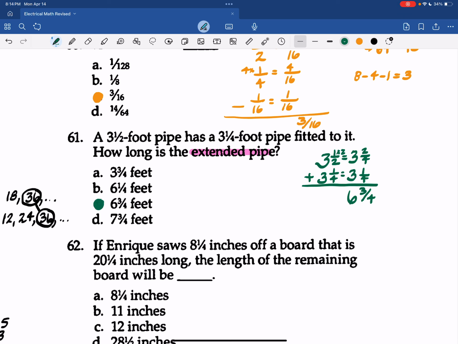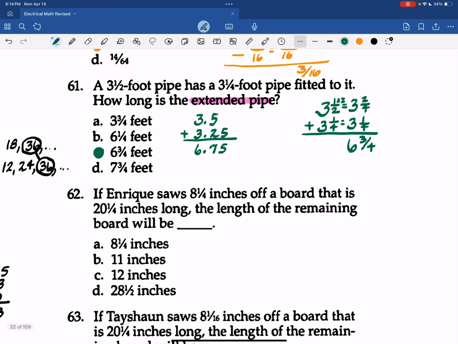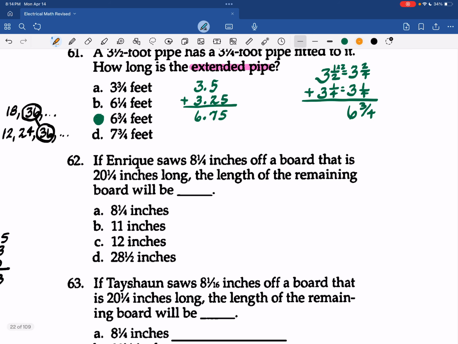The way I would do it is like this. 3 1/2 plus 3 1/4 is 6.75, and then convert it back to a fraction. You always have that option if the fractions are ones that you recognize. If Enrique saws 8 1/4 inches off of a board that is 20 1/4 inches long, the length of the remaining board will be blank.